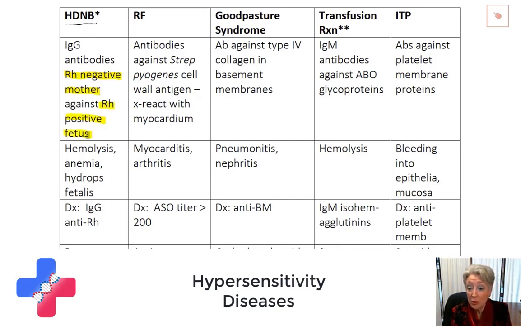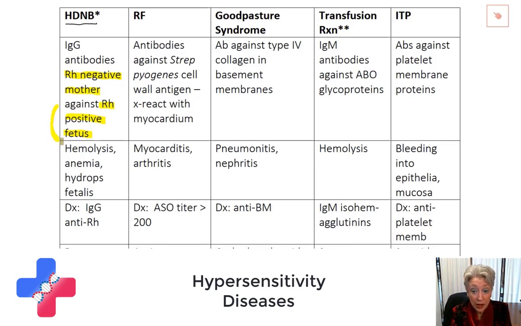And any subsequent pregnancy, if not protected against, as we'll talk about shortly, the problem will become progressively worse because, of course, we're stimulating her immune response repetitively with antigens that she has never seen before, and she will make an antibody of IgG isotype.